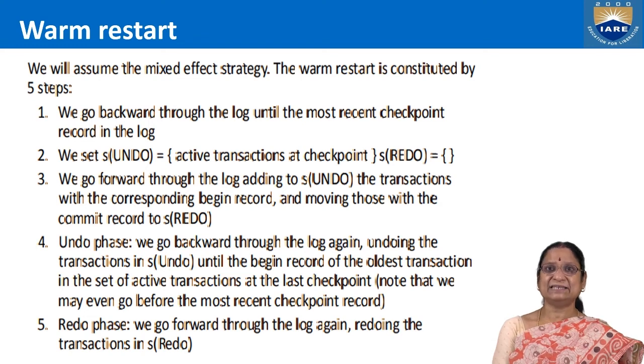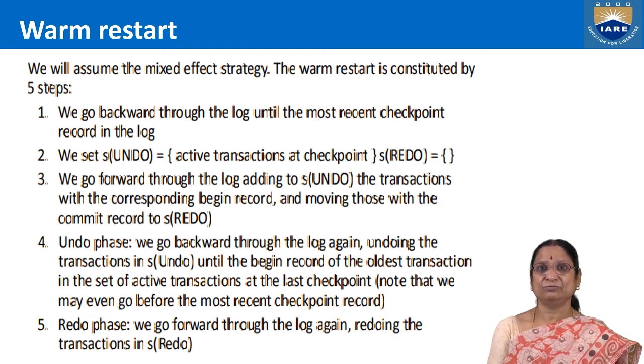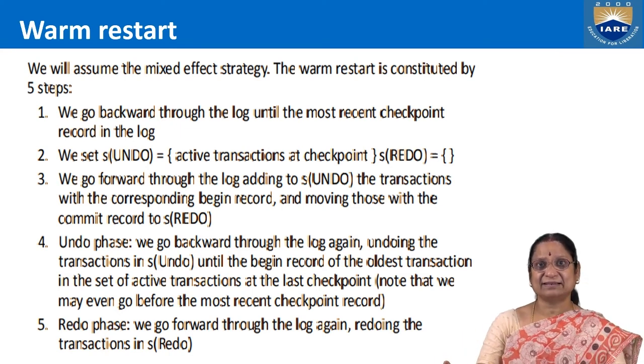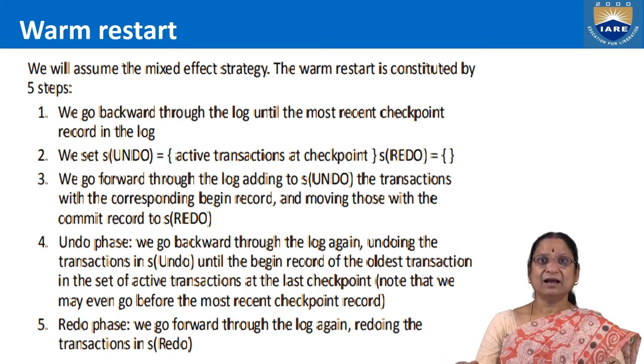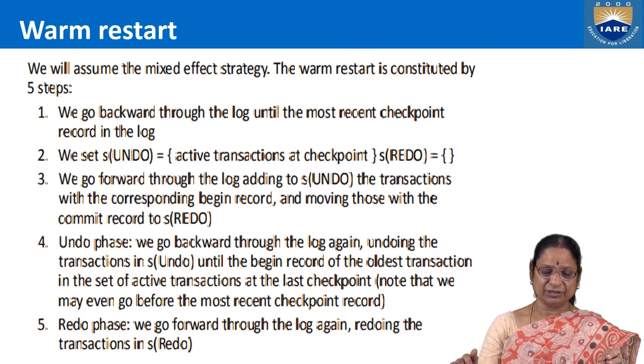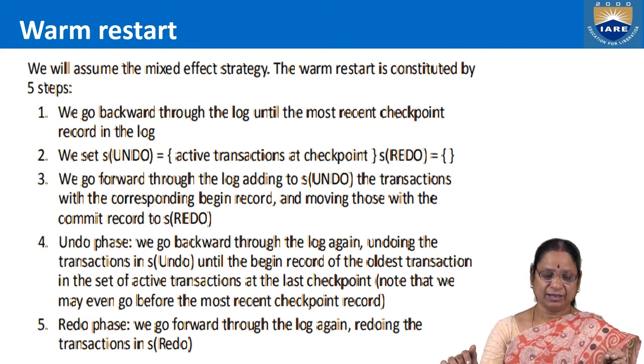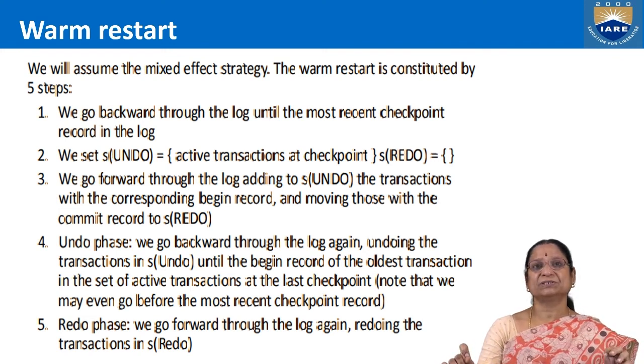The redo list is initially empty, which was discussed; we are just summarizing what we did previously. Then we go forward through the log records, adding to the undo list the transactions with a begin record, and moving those with a commit record to the redo list.